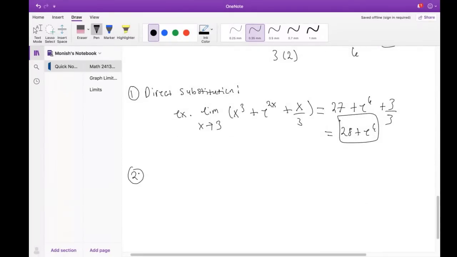The next method you can use is for if you have a radical. So if you have a radical in your limit, like this example, limit x approaches 9 of square root of x minus 3 over x minus 9.